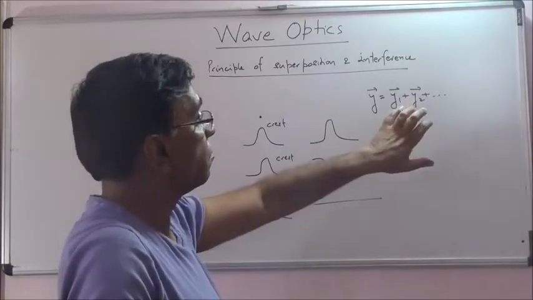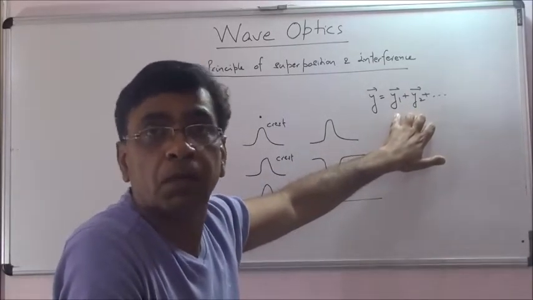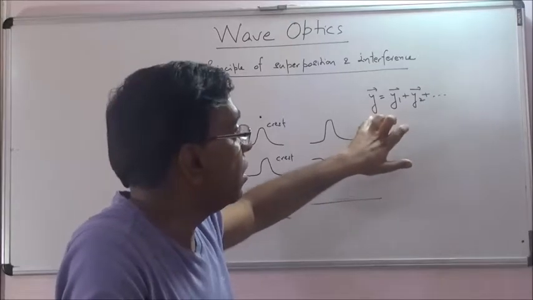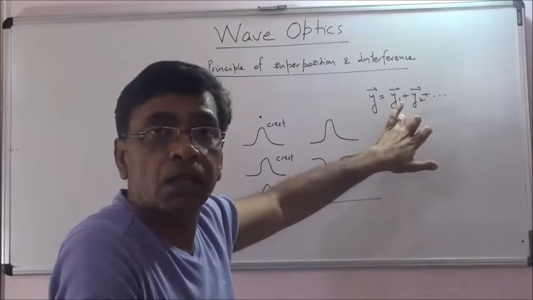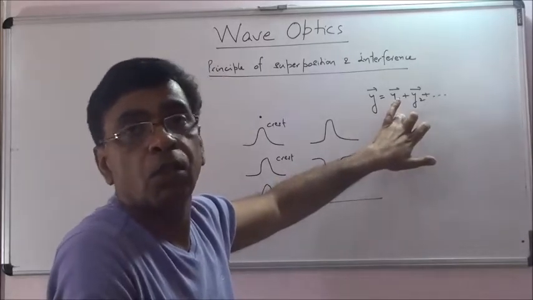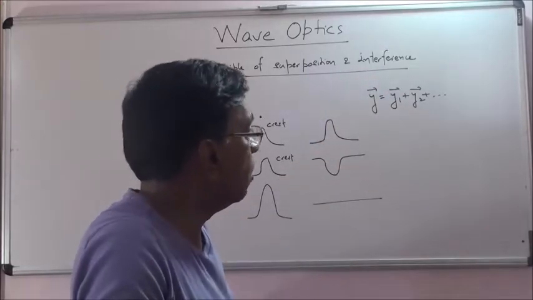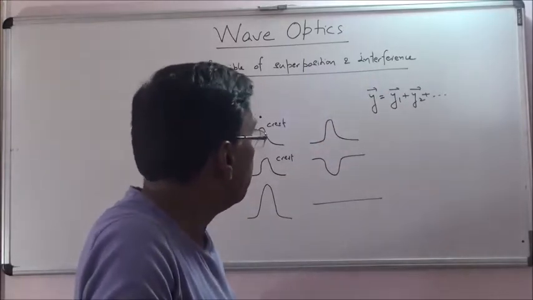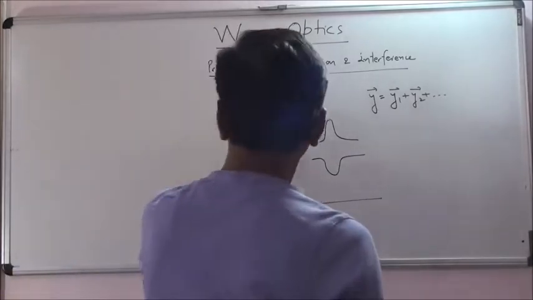Listen again. When two or more waves move through a medium simultaneously, the resultant displacement equals the vector sum of displacements due to individual waves. So this is what we mean by principle of superposition.